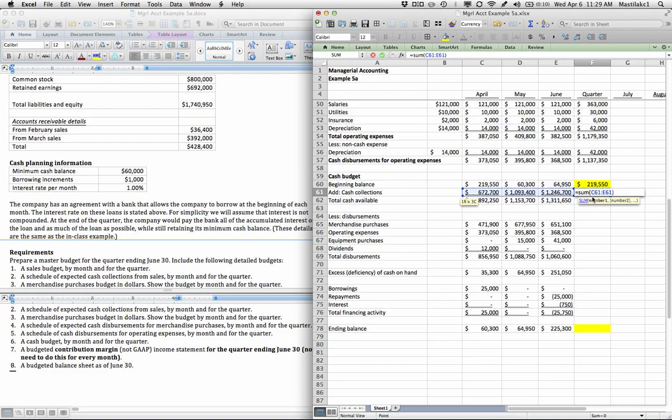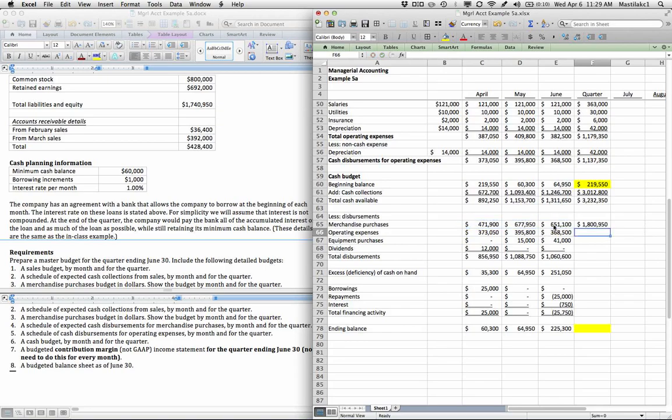We can add across the activity during the quarter. And so the total cash that we're going to have in our hands at any point during the quarter is going to be $219,550 plus $3,012,000, or $3,232,350.